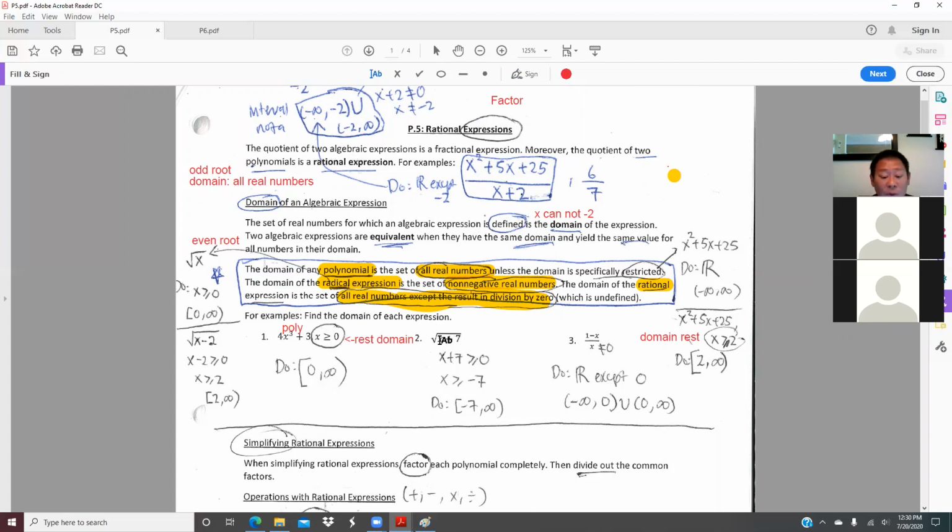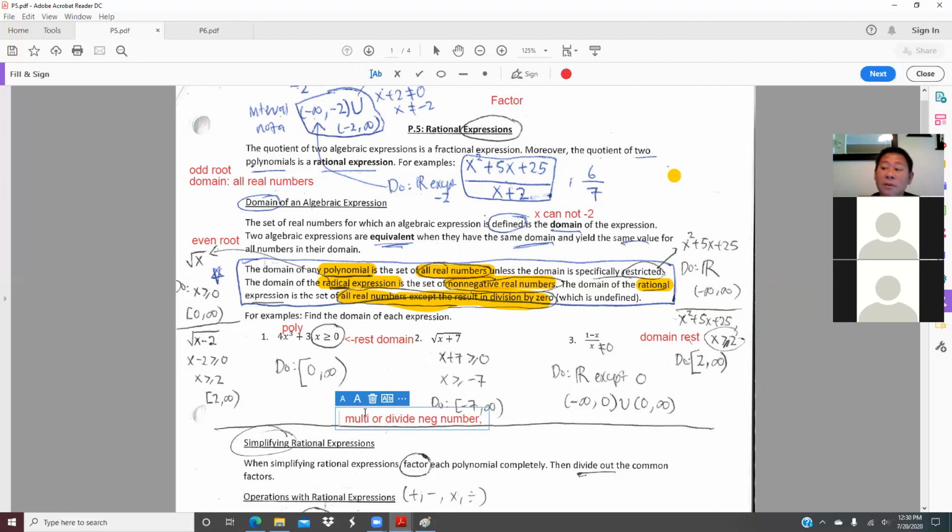For question 2, you have the square root of x plus 7. When you know that it's a square root, you cannot have a negative, so you take the radicand and make it greater than or equal to 0, and then you solve for x, subtract 7. Do not forget, if you guys remember how you solve inequalities, if you multiply or divide with a negative number, you guys know what to do, right? When you multiply and divide with a negative number for inequalities, you know what to do with the sign.